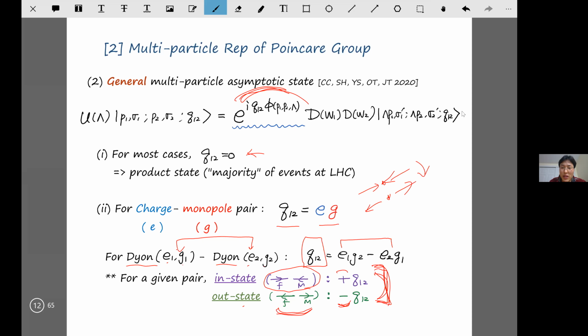That turns into the out state. I'm saying that between before and after the collision, there is a flip of sign for the pairwise helicity factor. Of course, I didn't show how, I just stated the fact, because this will have far-reaching consequences eventually. I see. But for the sake of time, I didn't put any proof of this. You can look at our paper, or I can discuss it after.